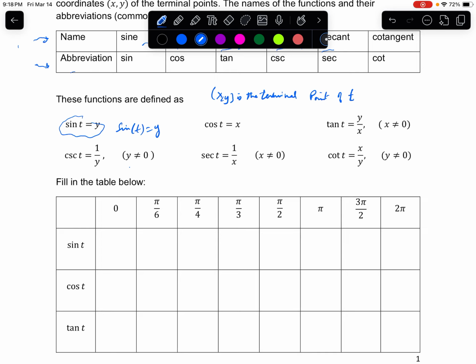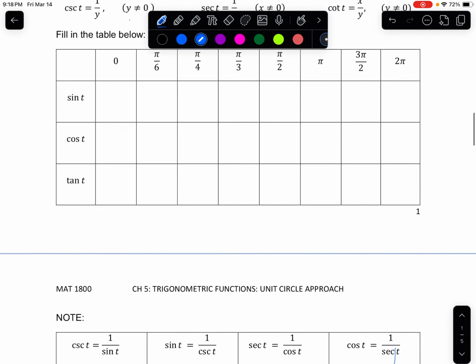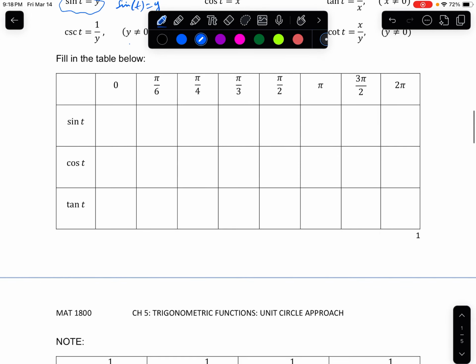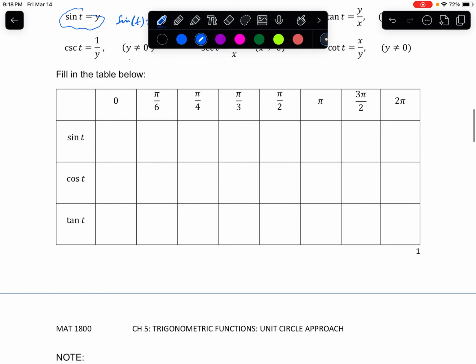Here we will write only 3 trigonometric functions: the sine, cosine, and tangent, because once we know these, we will have some identities later on by which we can find the other 3. Now let me fill in a couple of these blanks, and the rest I will leave for you to do.